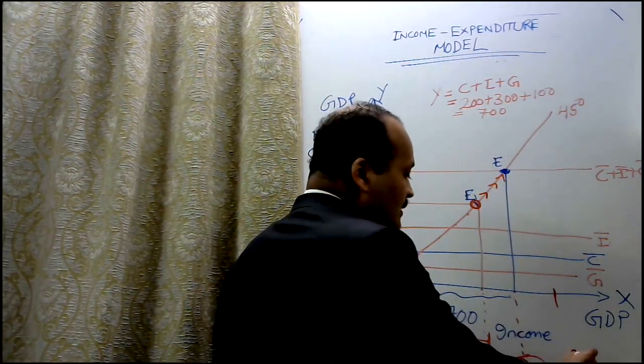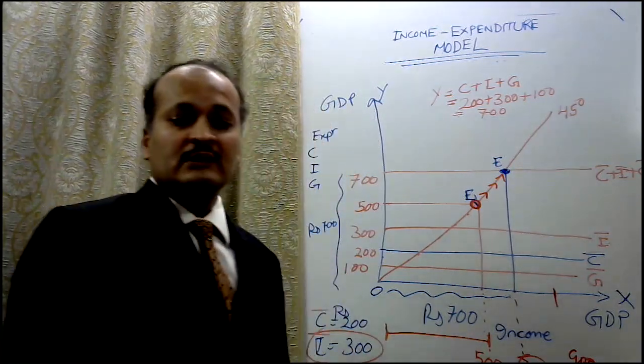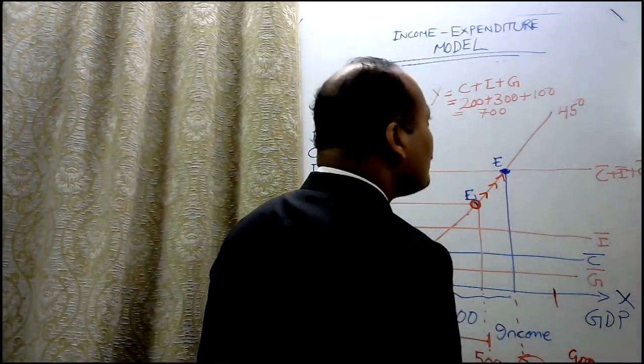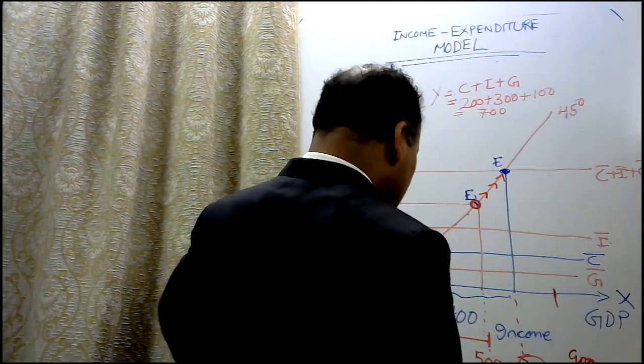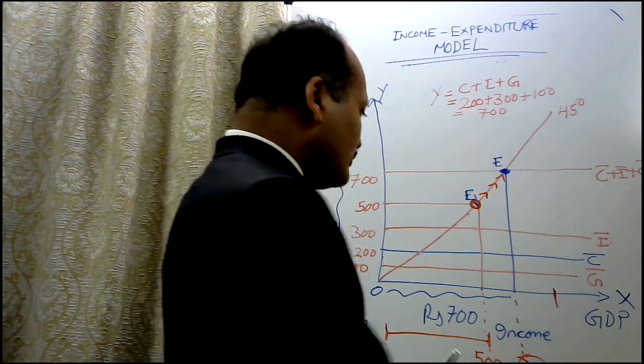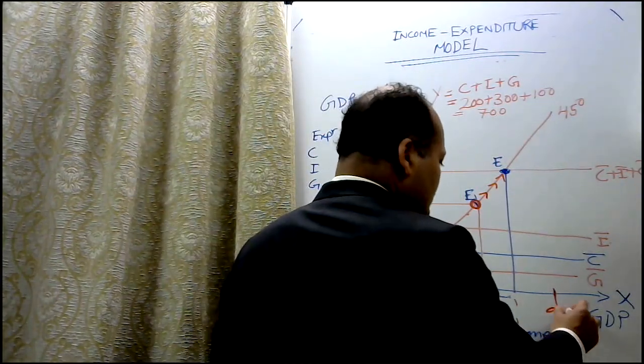Now, when goods worth 900 rupees will be produced, what happens?